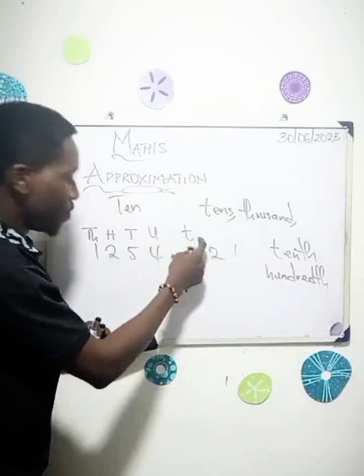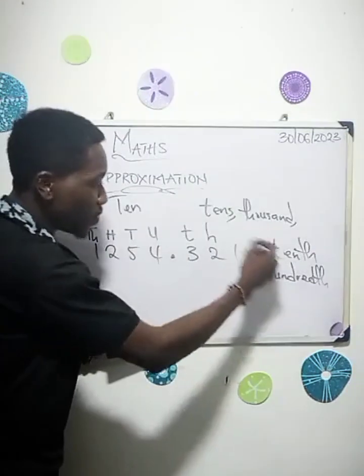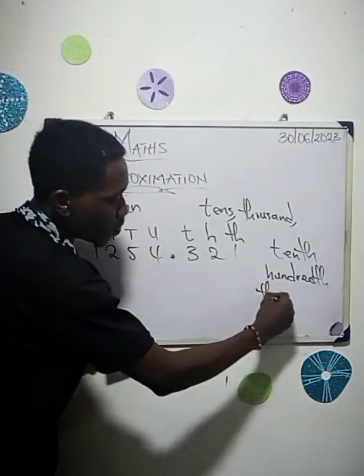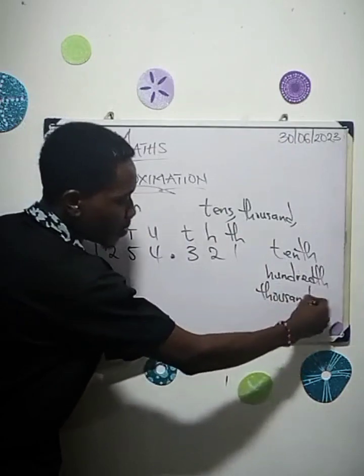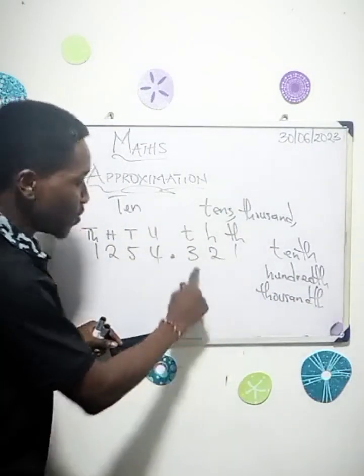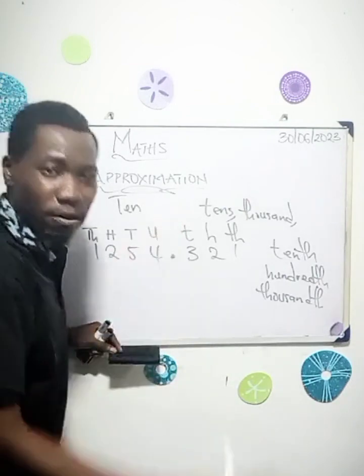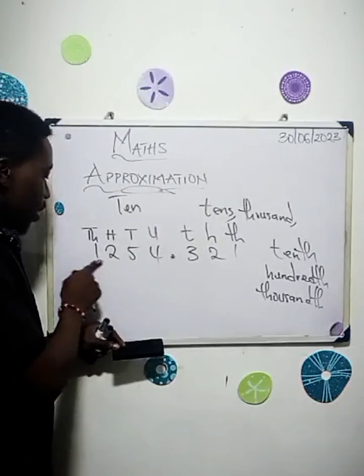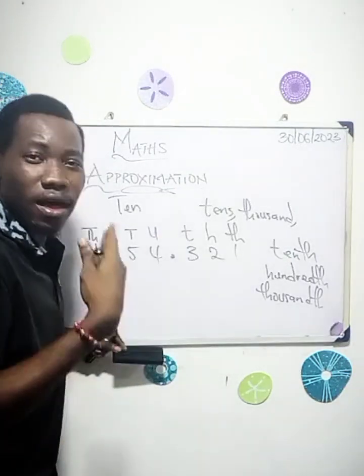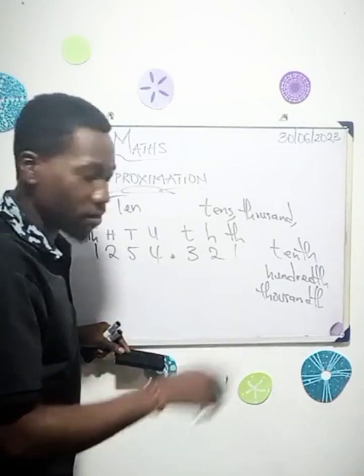So we have the tenth, the hundredth, and the thousandth. In case you are told to approximate to the nearest tenth, this is the place. In case you are told to approximate to the nearest 1,000, this is the place. In case you are told to approximate to the nearest 100, this is the place. So you need to know your place values first.